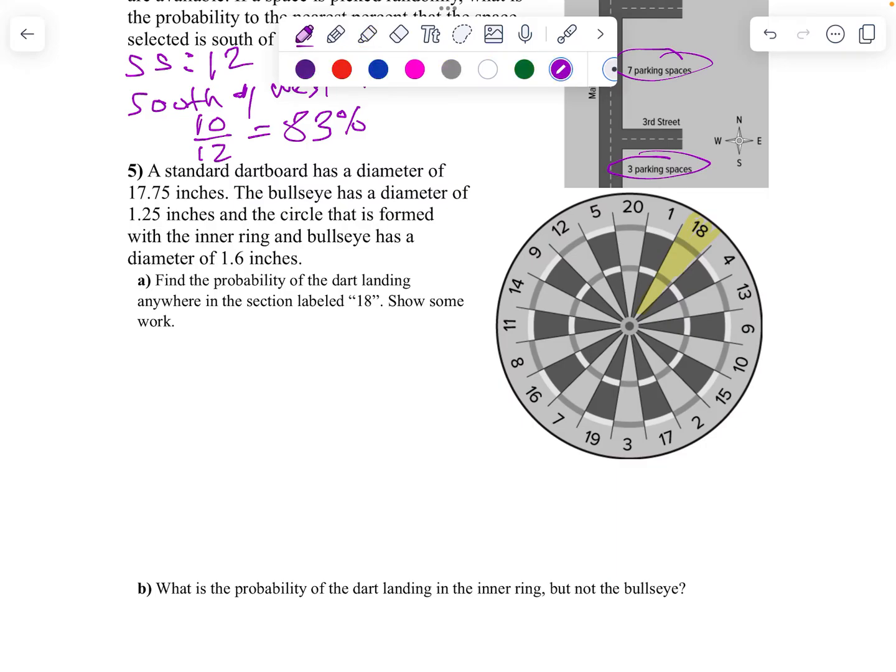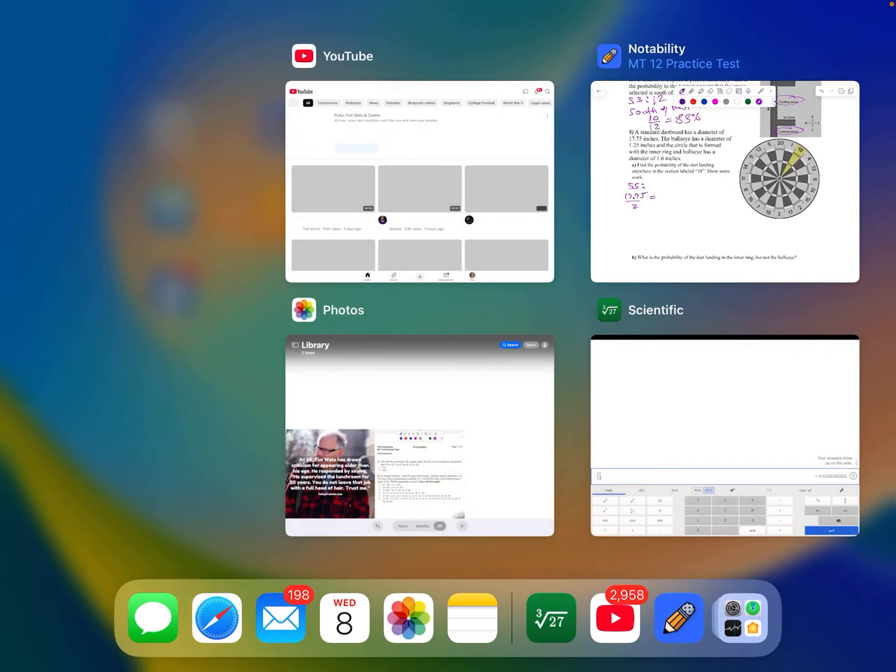So first off, let's do the sample space. My sample space is going to be the whole circle. And we're told the dartboard has a diameter of 17.75 inches. So if I take 17.75 and I divide that by 2, that'll be my radius, won't it?